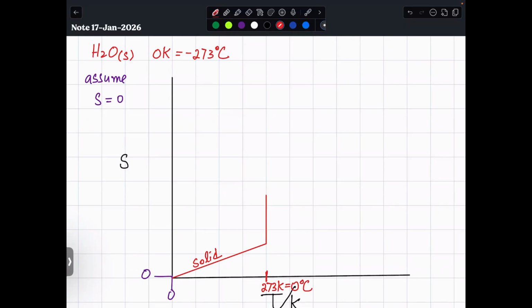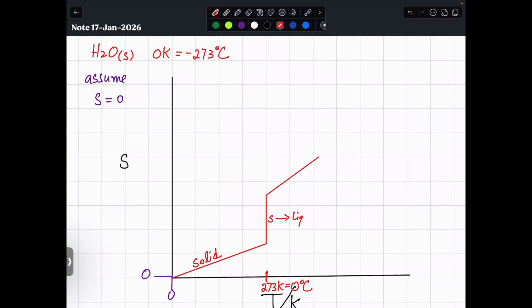The whole ice, whatever I was taking at that time, will melt. After melting, the solid turns into liquid, and the particles change their motion from vibration to sliding and rotation. When it is liquid, the particles are sliding over each other.